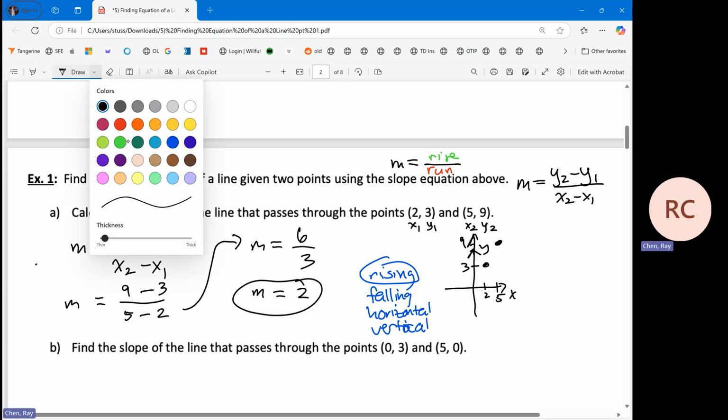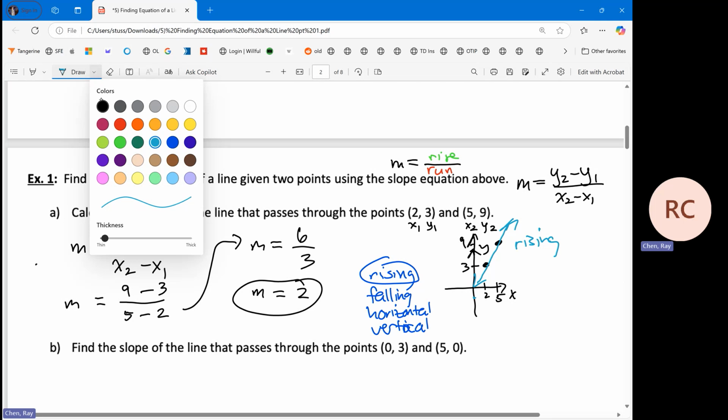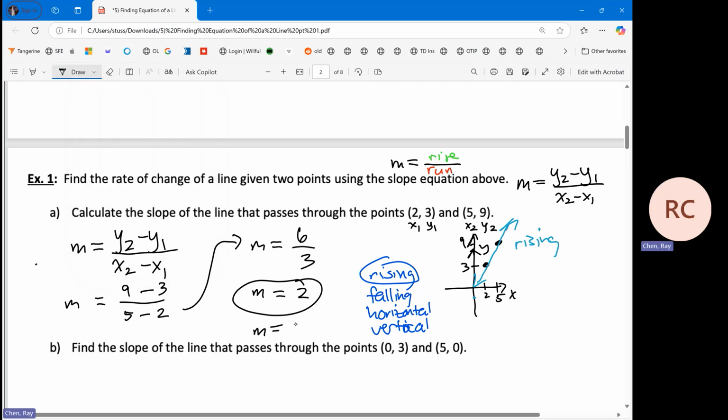And if I connect these two dots, yay, we get that rising line. That's why a lot of students actually do sketch it just to make sure they visualize what's happening. More importantly, what does this 2 really mean? It rises up 2 units, and it runs right 1 unit.